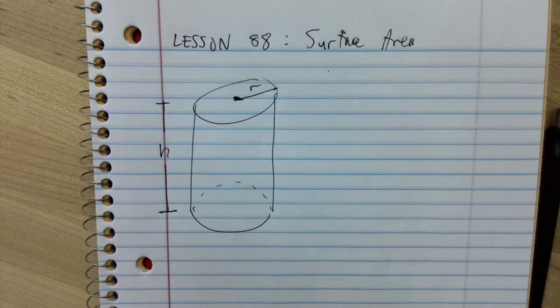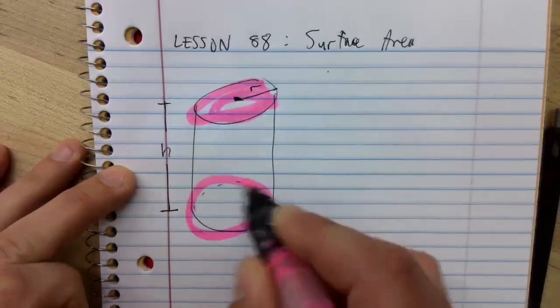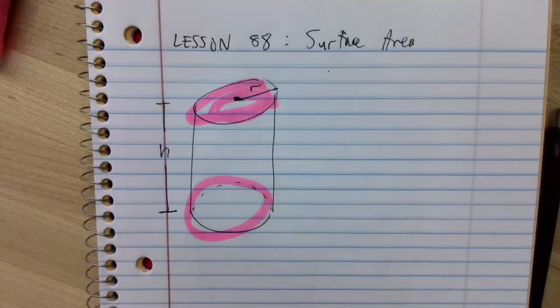And for this, you'd have to remember how many faces does a cylinder have? 2. 3. What would they be, Ezra? Circle on top, circle on bottom, and then the sides.